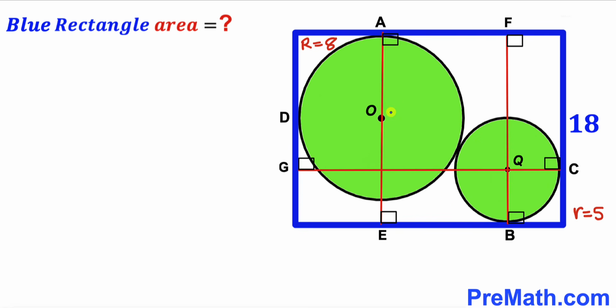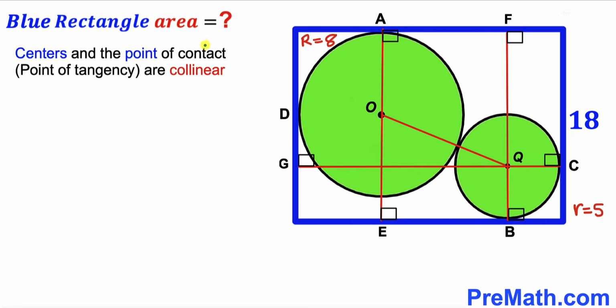In this next step I am going to connect these two centers O and Q. Now let's recall this crucial fact: the centers and the point of tangency are collinear. So no wonder these two centers O and Q and their point of tangency lie on the very same line.